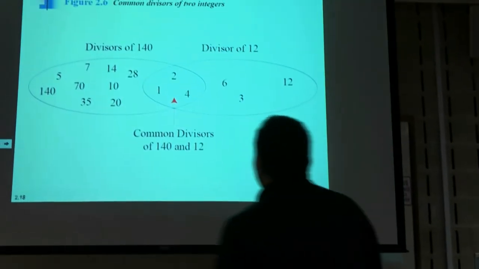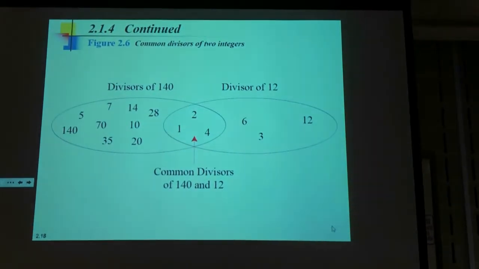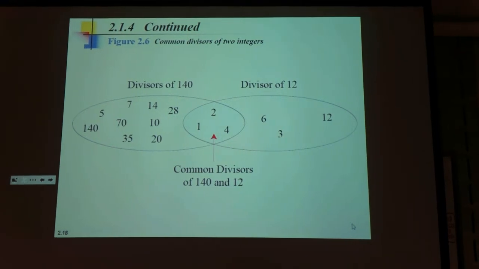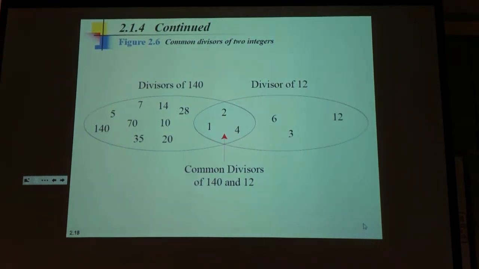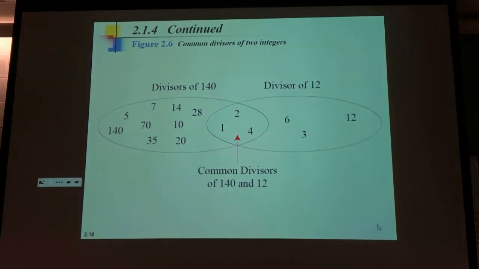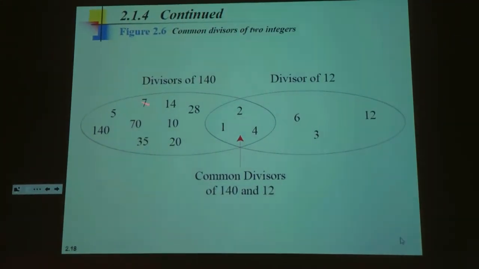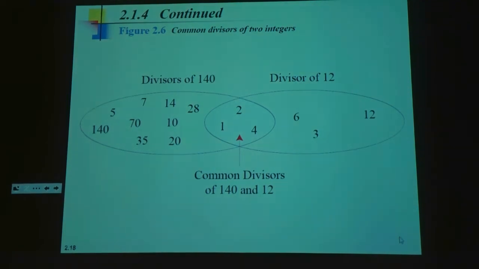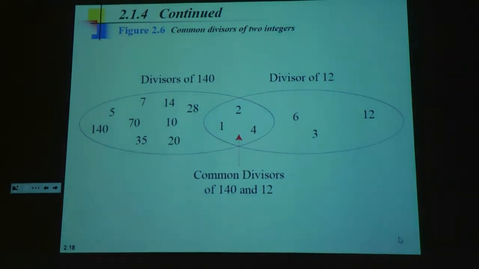So let's come to a new term, which is common divisor of two integers. If you look at the divisors of 144, these are all the divisors. The divisors of 12, you know how to calculate that from your math classes, right?